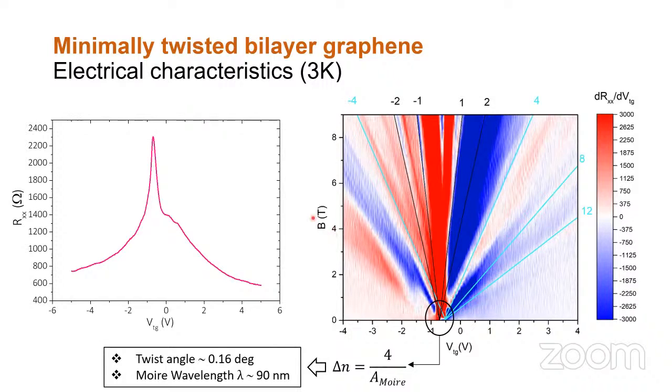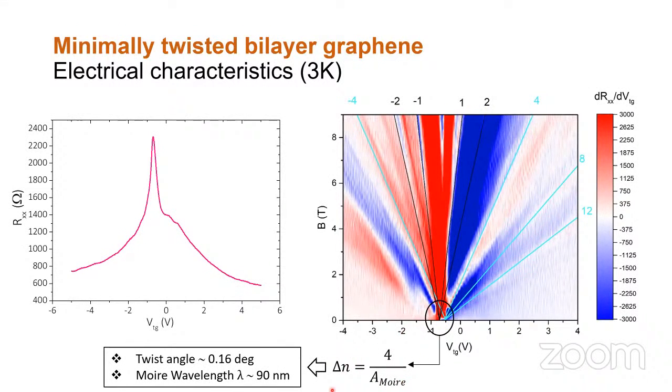And if I do magnetic field versus gate voltage, you can see these Landau levels emerging through a fan diagram. From the difference between the two sets of Landau levels, you can get the moire lattice size.